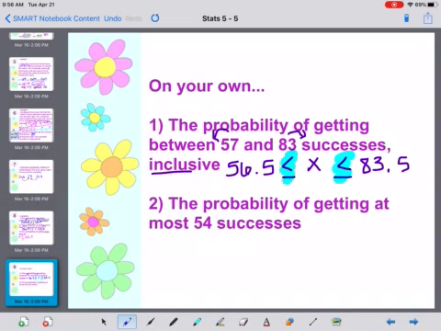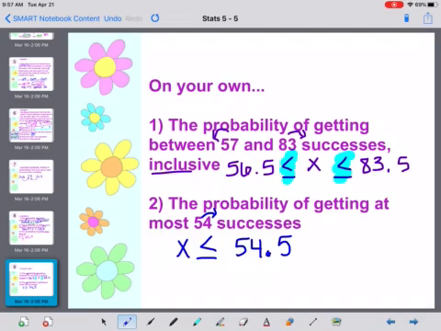Last one. Probability of getting at most 54 successes. So 54 is the most you're going to get, but 54 is included. So 54 is my top end. Anything 54.5 or below is going to round into what I want it to be. At most, so X has to be less than or equal to 54.5.